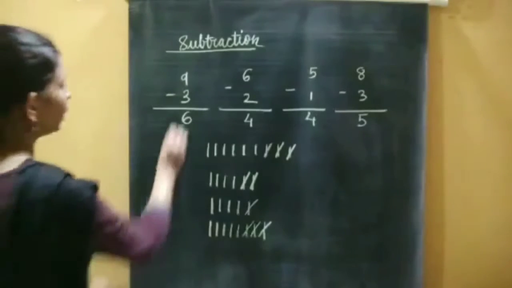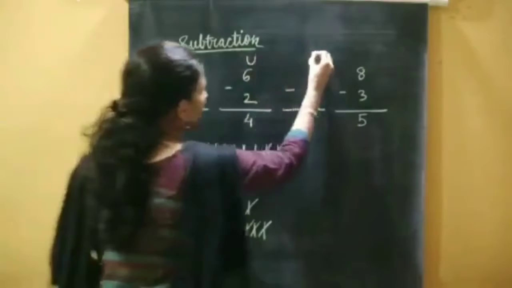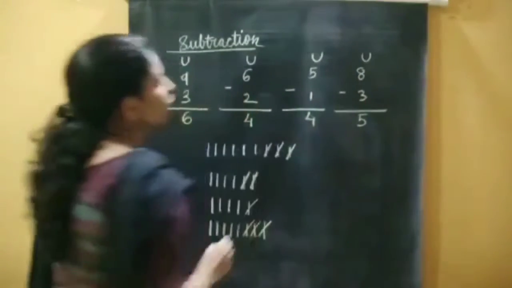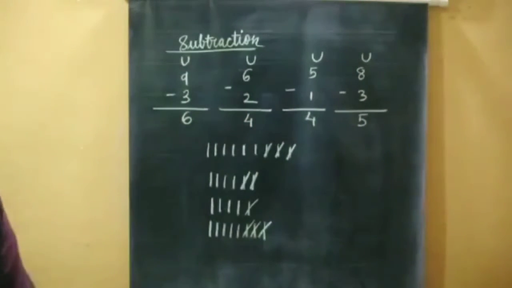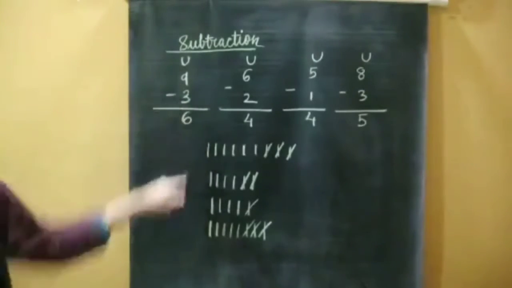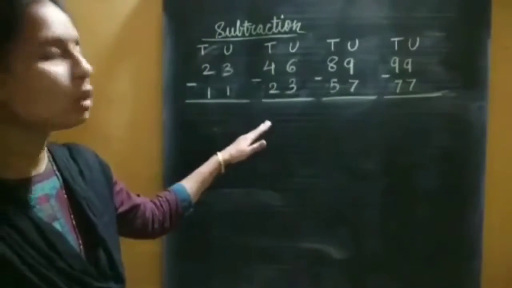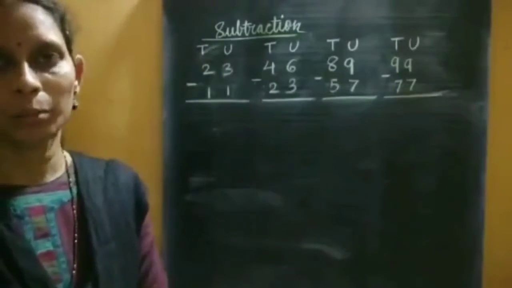So students, see here. These are one digit, meaning this is the unit place. So the first step is to subtract units from units. Now we will see how to do subtraction of two digit numbers.